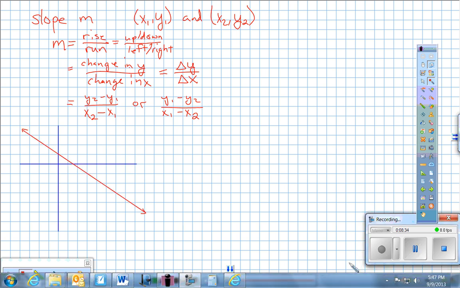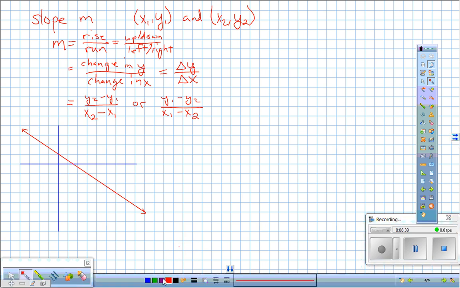Okay, I just drew out the graph that's on page 94. So some of the points that they gave you would be at (3, -1) and (9, -5). Okay, there's also a couple other different points that you could use.